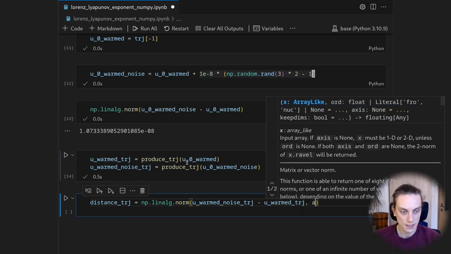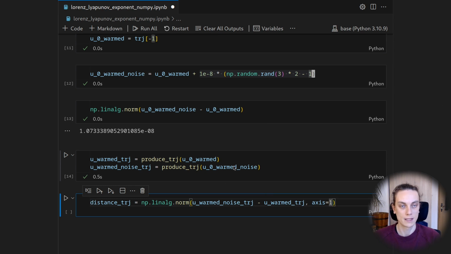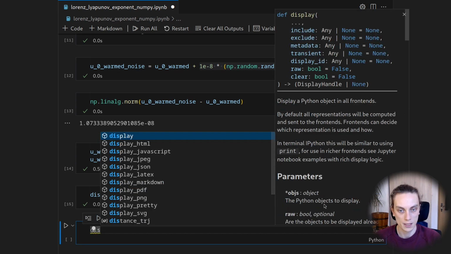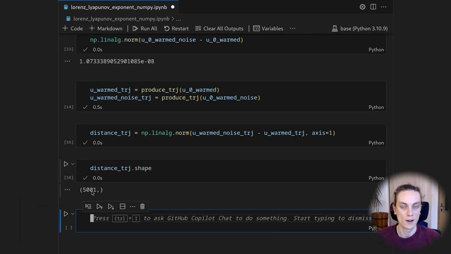And then we take the norm over axis 1. Axis 1 here means that we have this 2-axis array with the 0th axis being the time snapshots and the first axis being the 3-dimensional state. And we only want to take the norm over the state, because if we do so, we can look at its shape. Then we basically retain a 5001-dimensional vector, which has the distance for each time step.